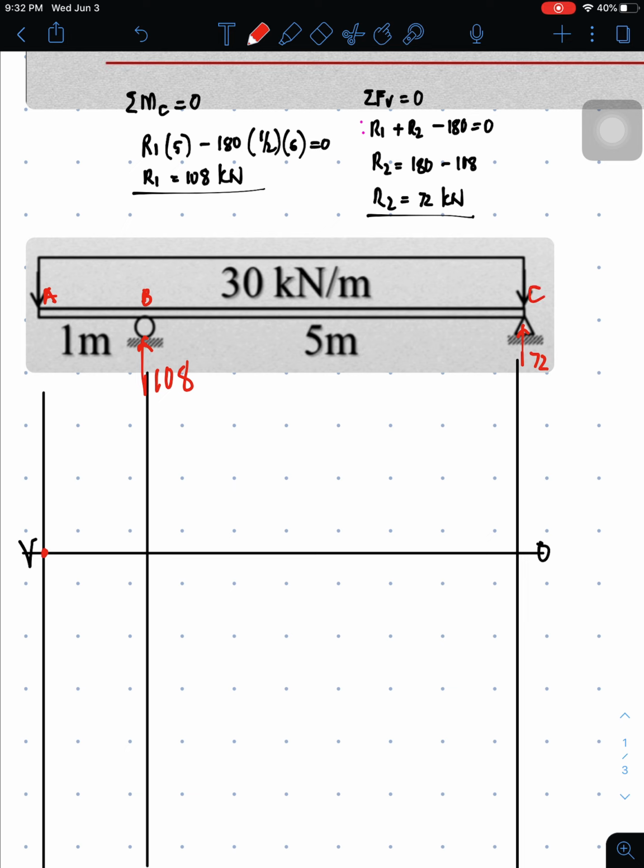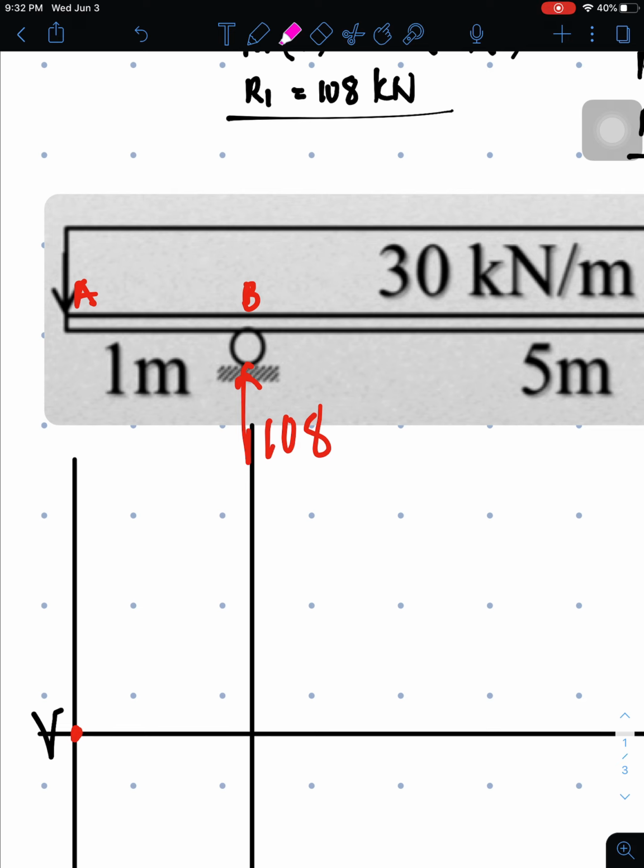Then how do we plot the first point? To plot the first point, all we have to get is the area of this one first, because this is the boundary of our A to B. So how do we get the area? Very easy, get the area by its resultant.